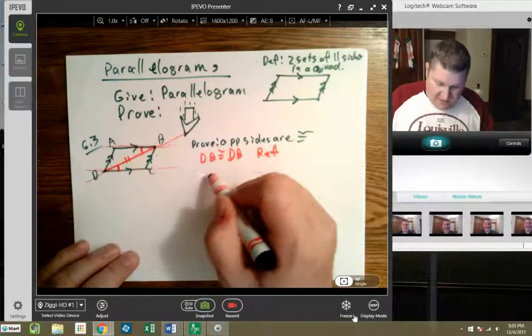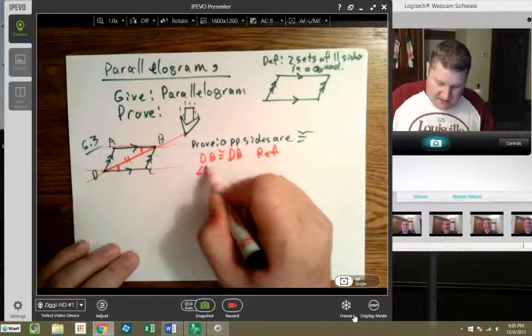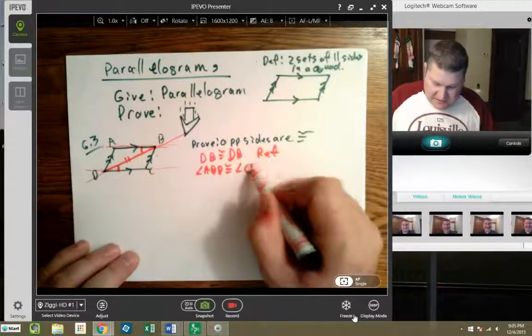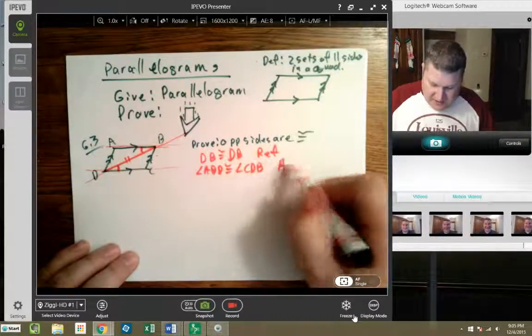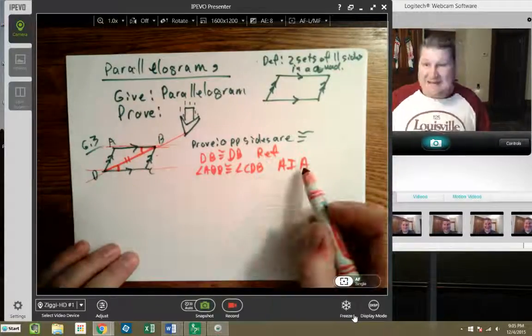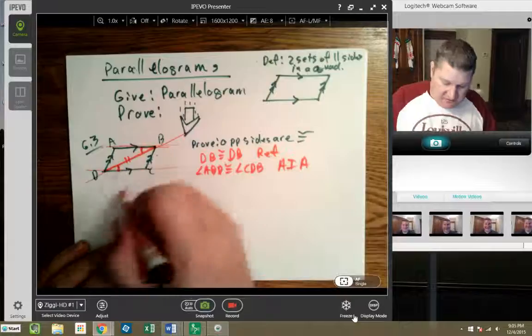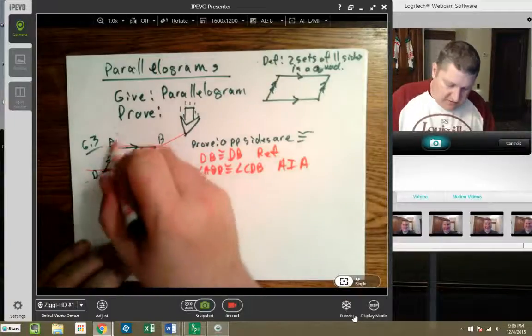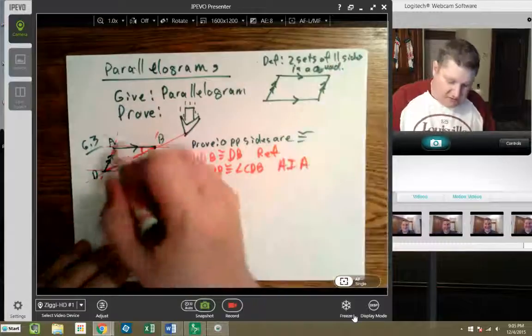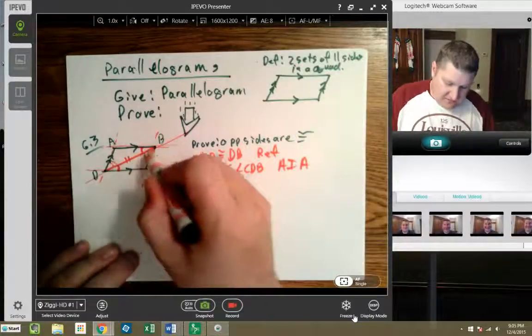I have angle ABD congruent to angle CDB by alternate interior angles, because if lines are parallel, then I can do alternate interior angles. That also means that I have these lines that are parallel because two sets of parallel sides. So this angle is congruent to this angle.